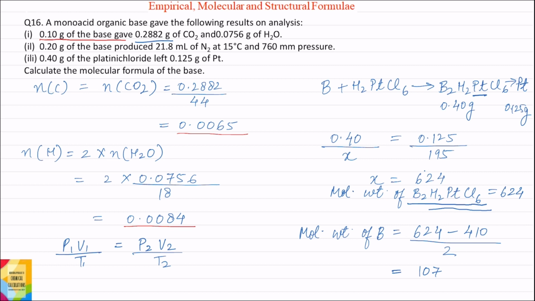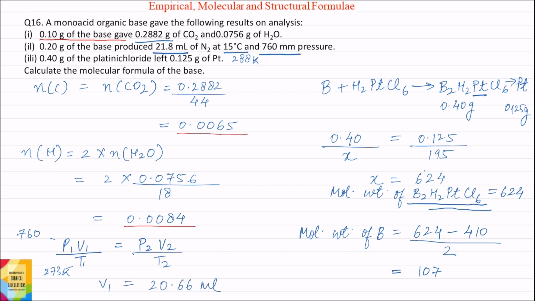P2, V2 and T2 represent the given pressure, volume and temperature. So given pressure is 760 millimeter of mercury, volume is 21.8 milliliter, temperature is 15 degrees centigrade or 288 Kelvin. Putting the values of P2, V2 and T2, and value of P1 will be 760 millimeter of mercury, T1 will be 273 Kelvin.